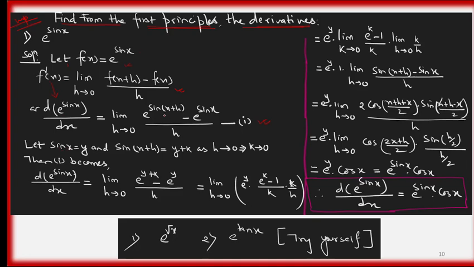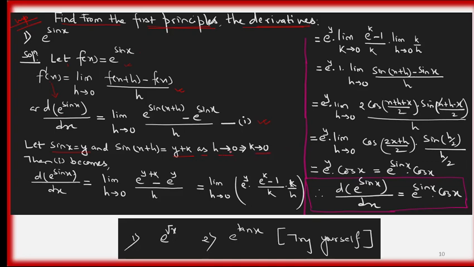Now we suppose sin x is y, so f of x is e to the power sin x. We have supposed f of x this way, but simply sin x is supposed to be y, and sin(x plus h) is y plus k, as h tends to 0 and k tends to 0.